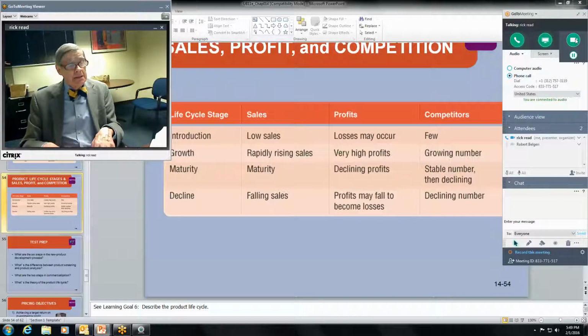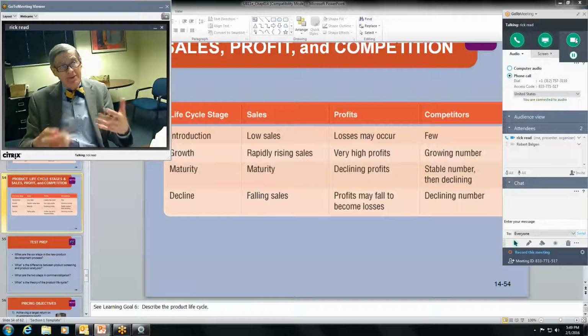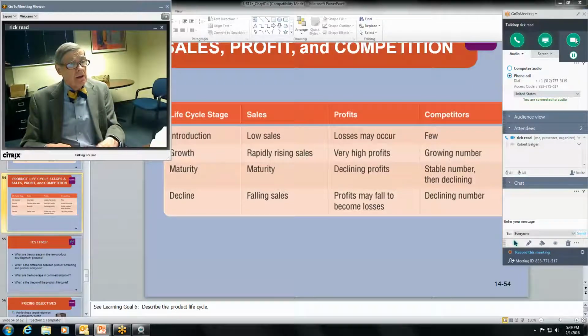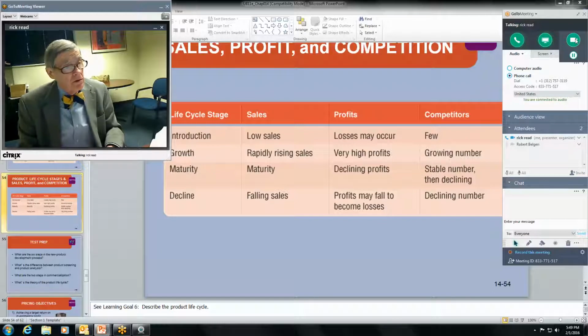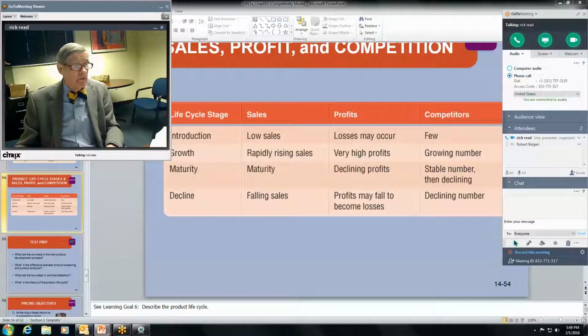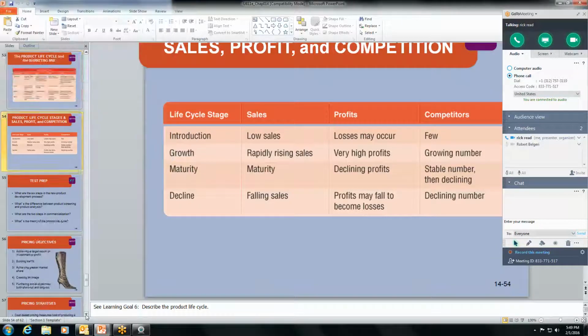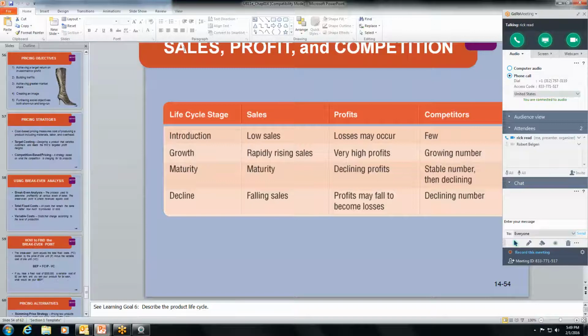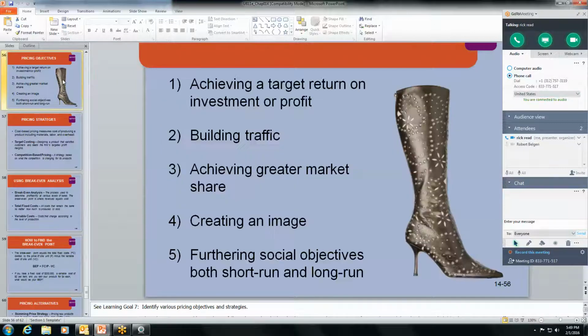Today, Procter & Gamble's profit might be a little bit lower because they sell a lot of product overseas and the dollar is strong, so they're losing some money there. But maturity does not always equate to declining profits. And then, of course, decline is exactly what it says, and you're not going to be around much longer after decline starts. Pricing and objectives.